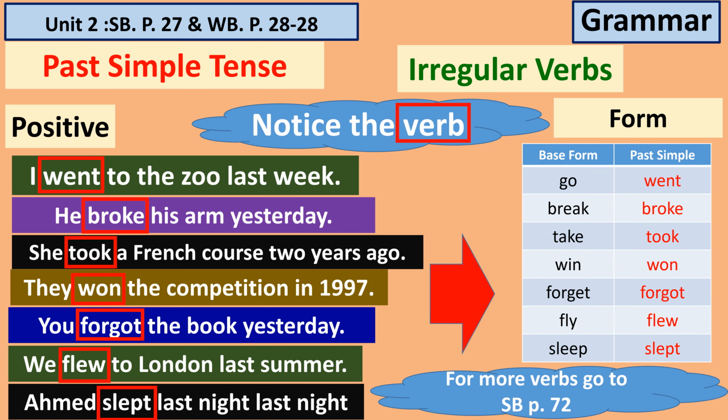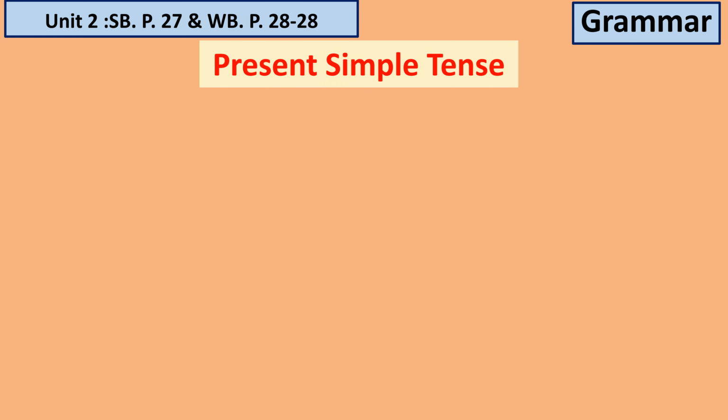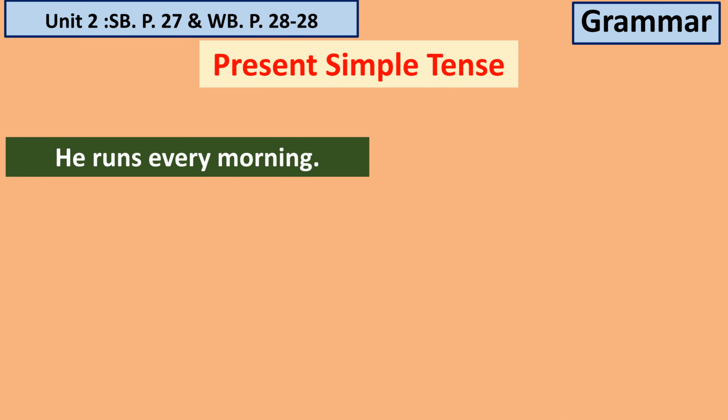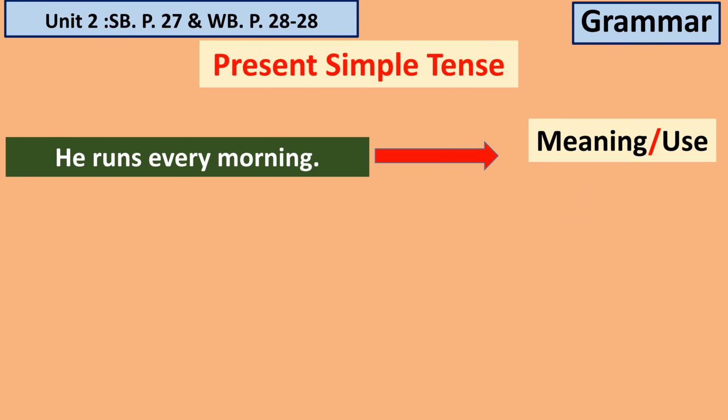Okay, we have here an irregular verb that I cannot add ed to its end. So go, went, break, broke, take, took, win, won, forget, forgot, fly, flew, and sleep, slept. Okay, you are to memorize these. Now present simple tense, as I told you before, he runs every morning.